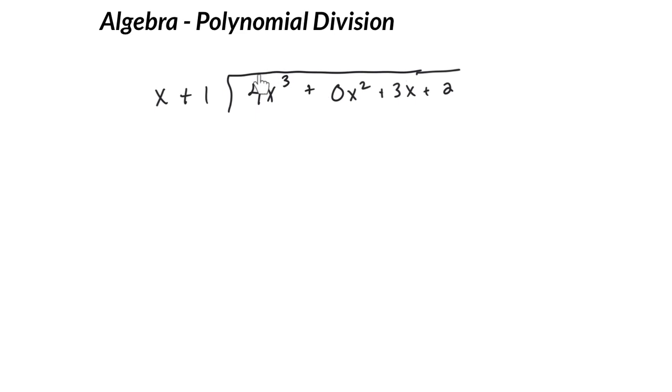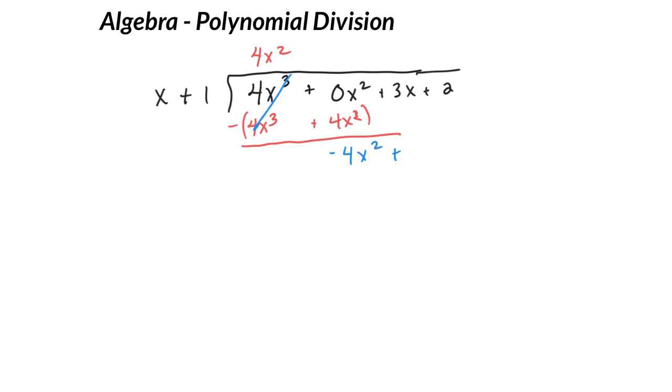Okay? All right, let's take 4x cubed and divide that by x. That is 4x squared. We multiply 4x squared times x is 4x cubed. 4x squared times 1 is 4x squared. So now you'll see we got that lined up under our 0x squared, so we can keep our like terms together. 0 minus 4x squared is negative 4x squared.